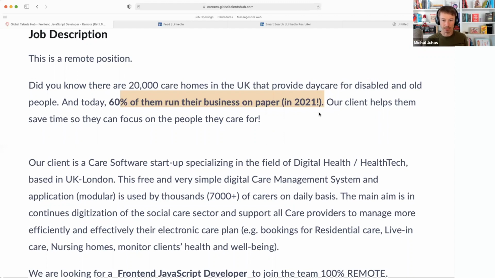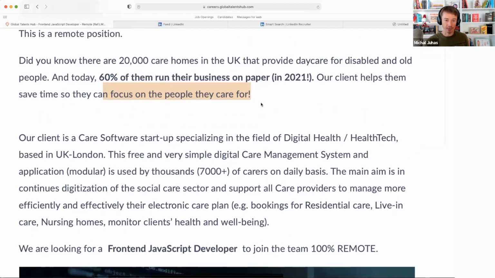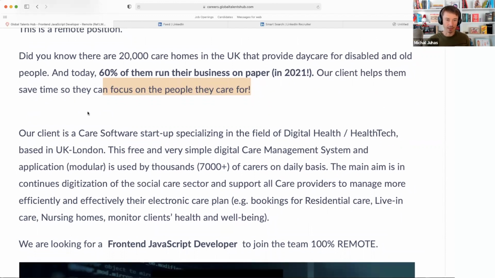So it eventually helps them focus on serving these people, not taking notes about everything manually. This is in general a growing area because there are more and more senior people on the planet, and not just in the UK. So digital health and health tech is very exciting. So probably this could be the angle that we could focus on going forward.